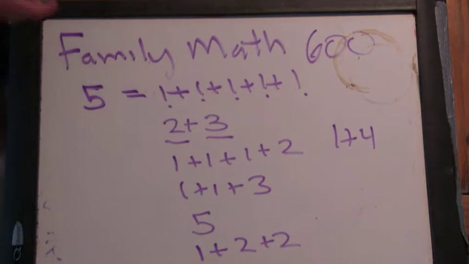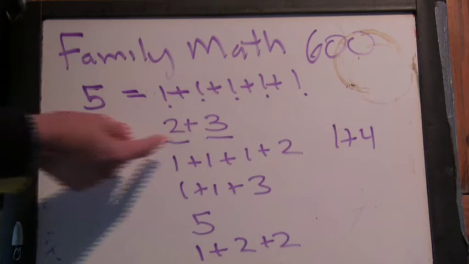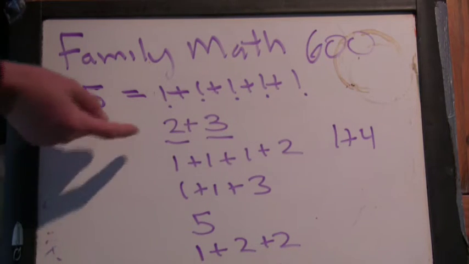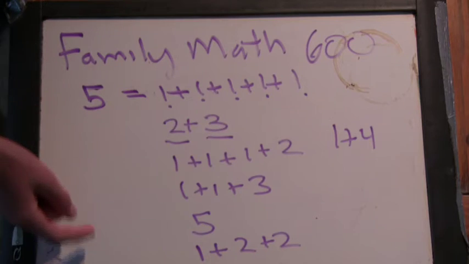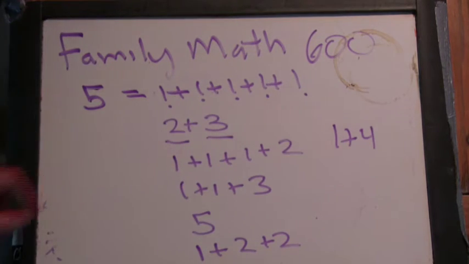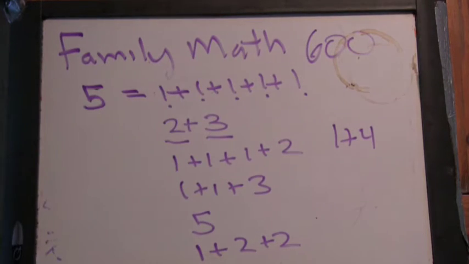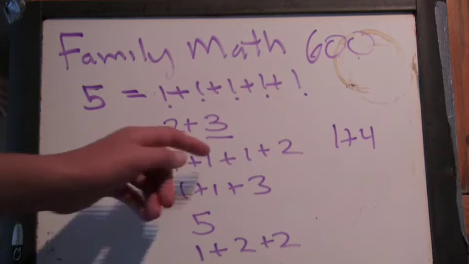We used all of them with a 2 in it: 1 plus 1 plus 1 plus 2, and 2 twos. The ones that have 3 and 4 we didn't count as separate cases. They're just repeats of what we have.